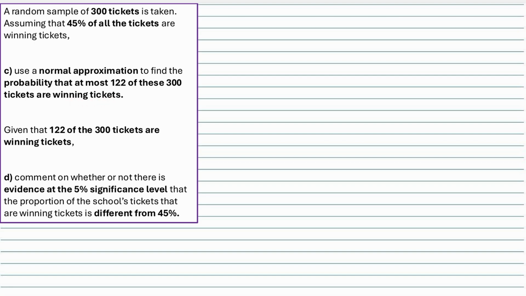So if we create a new random variable, we'll say W is distributed normally with a mean of mu and a variance of sigma squared. We can work out this average, mu, as the product of the number of trials and the probability. So mu will be 300 times 0.45, which gives us 135.